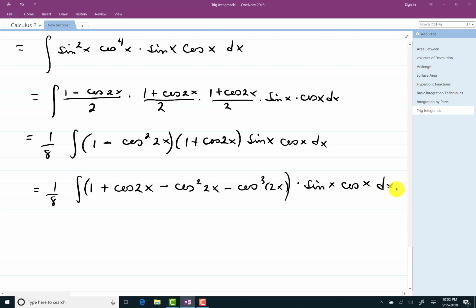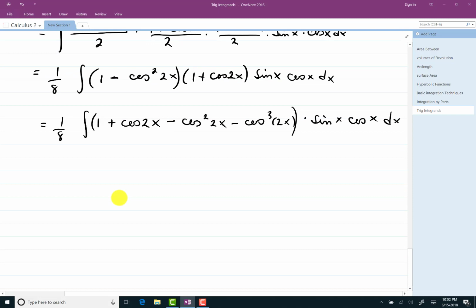And I don't like a mixture of 2x's and x's. So what I'm going to do is remember that sine of 2x equals 2 times this. So right here, I'm going to put a 2 in front of that sine, but I'm going to change this out here to a 16. That way I can use the identity for sine of 2x.